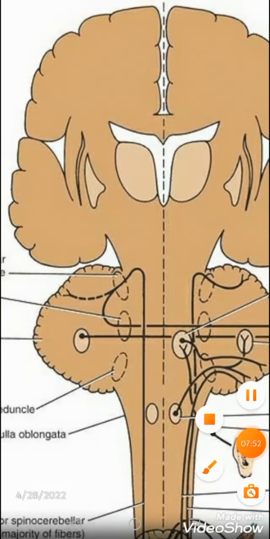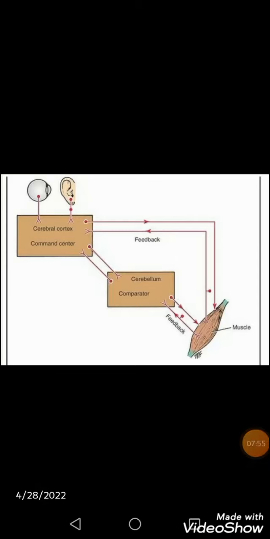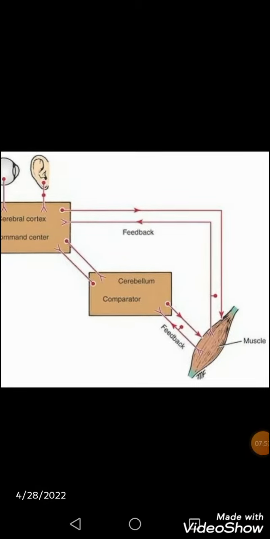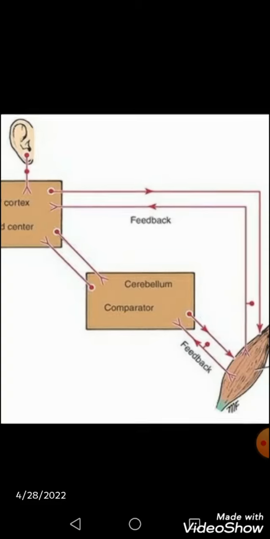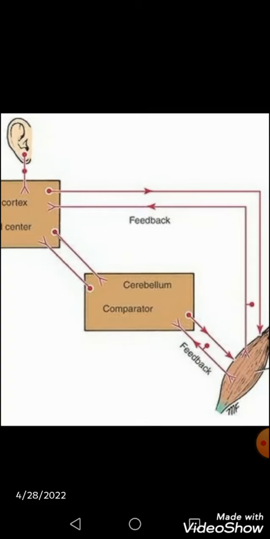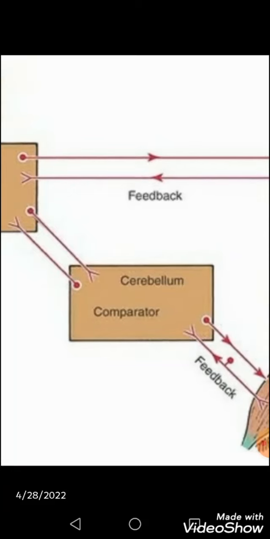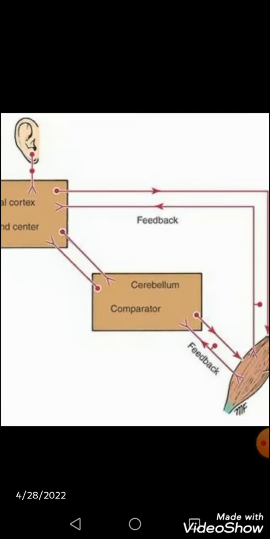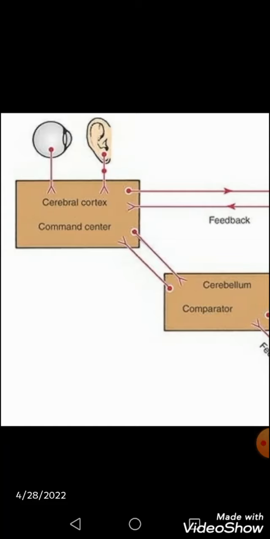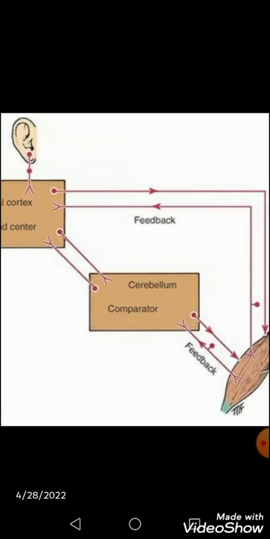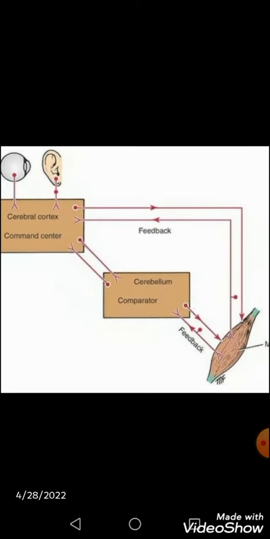right? So we come across that the information from your muscles reaches into your cerebellum and definitely receives the feedback, and your cerebellum functions as a coordinating system or as a comparator and also communicates with your cerebral cortex, and definitely the feedback comes back again towards your effector.